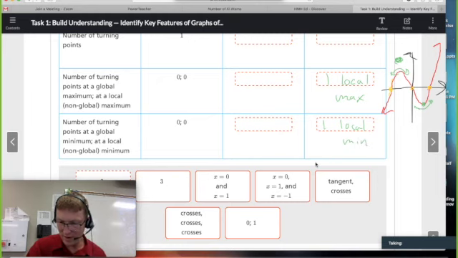The reason I say that is because there are values down here in this area that are smaller than this one, and the same up here. There are values up here with this graph that are bigger than this local maximum. So that is why they are local maximums and not global.